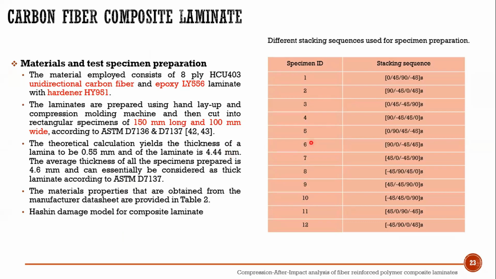We had 12 different specimens, and we switched the stacking sequences of these specimens to get a number of different stacking sequences. The material is CU403 unidirectional carbon, with epoxy L/556 as our matrix material, and then we had a hardener of this one.